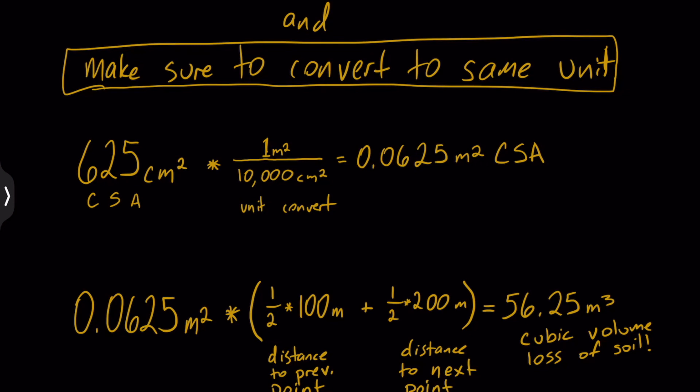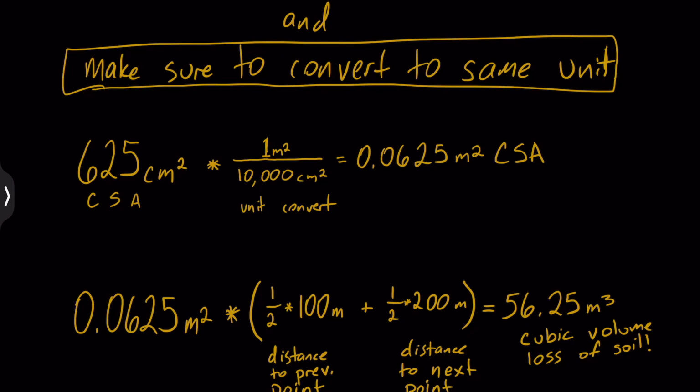All right, so let's do that first. Let's convert 625 square centimeters that we computed as the area of cross-sectional soil loss subsidence at this particular sampling point. We'll divide that 625 by 10,000. There are 100 centimeters in 1 meter, and a meter squared is 100 by 100 centimeters.